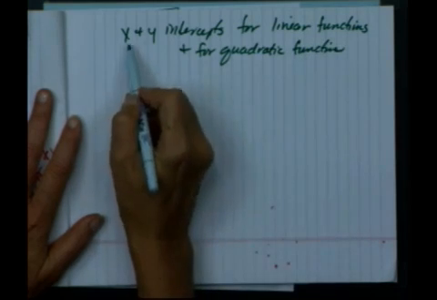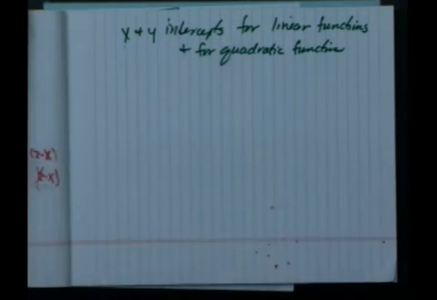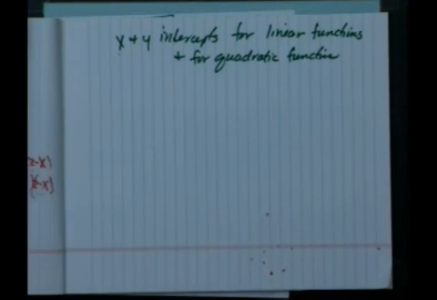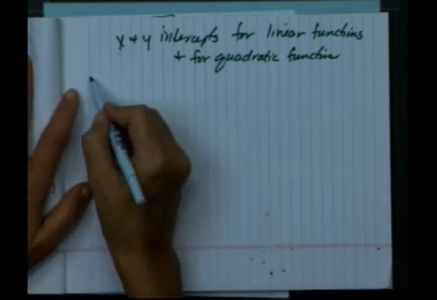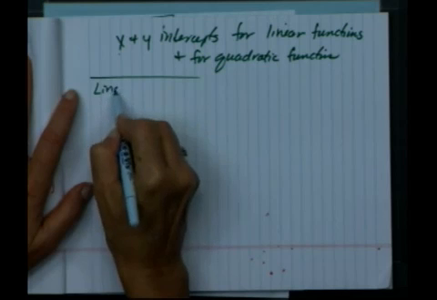Okay, remember, x-intercept just means where it touches the x-axis. Intercepts runs into, like intersection of a highway, runs into the x-axis, and a y-intercept is where it runs into the y-axis. All right, so let's start with the linear function.